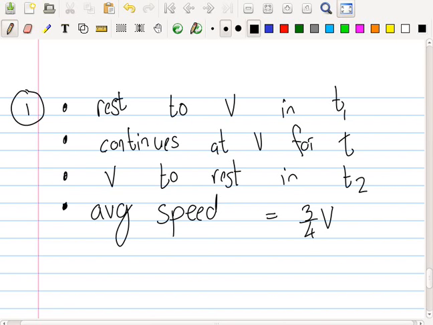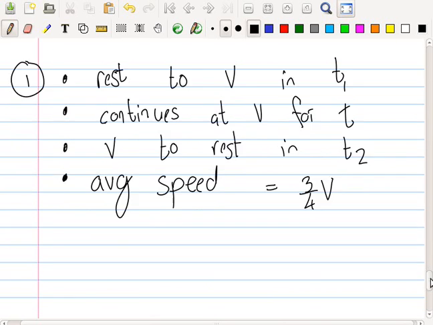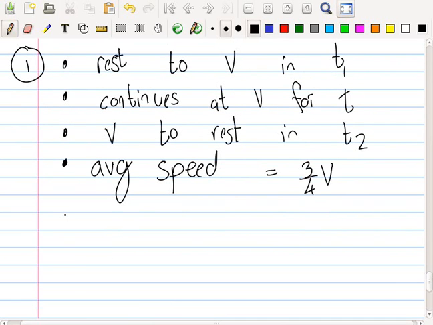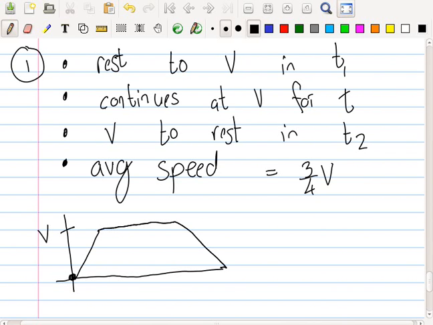Let's have a look at this one now on the graph. If I draw the graph here, it starts at rest and it goes up to V. It continues at this speed and then it decelerates back down at the end here. This time here to here is T1.